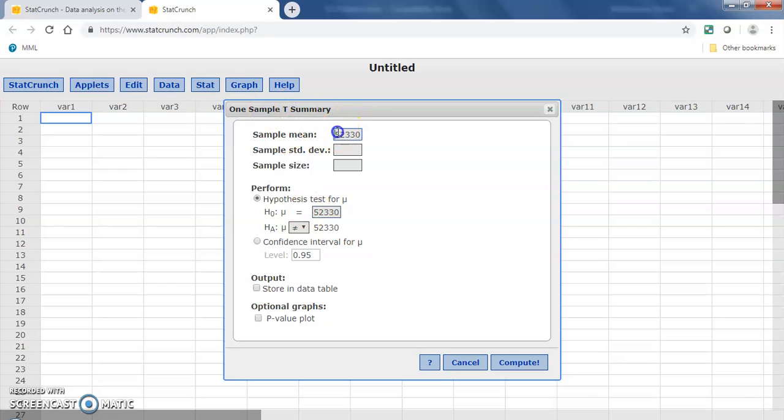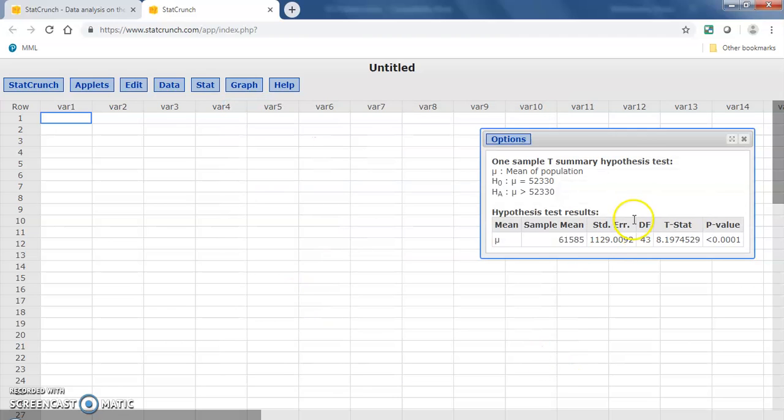Your sample mean is your X bar, which is 61,585. The sample standard deviation is 7489, and the sample size is 44, and our HA is greater than, and then we compute. So our degrees of freedom we already figured out was 43. Our standard error we actually don't need, but it's 1129. And our t-stat is 8.20, and our p-value is less than 0.0001.